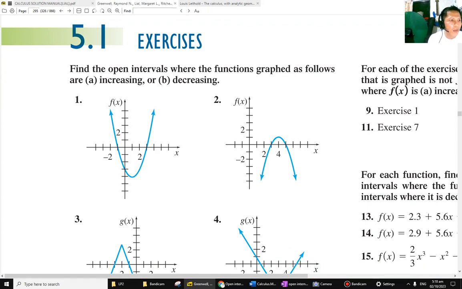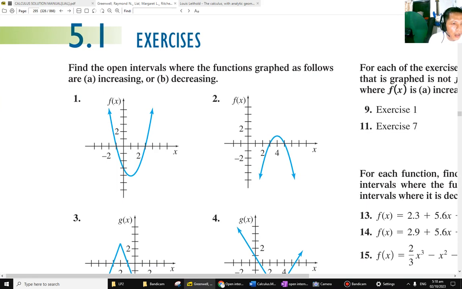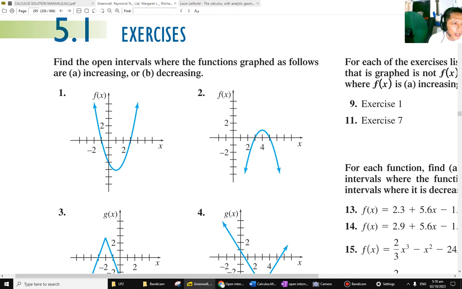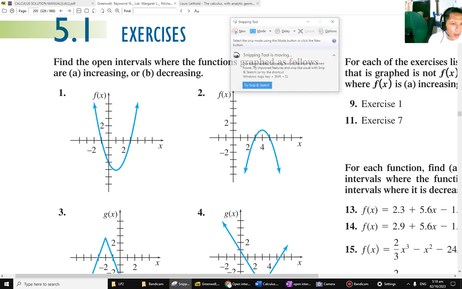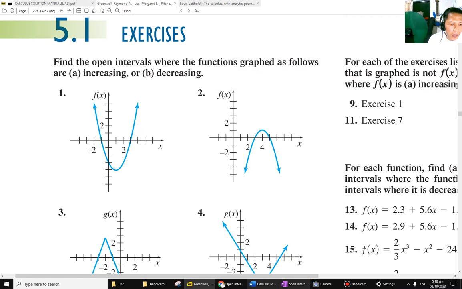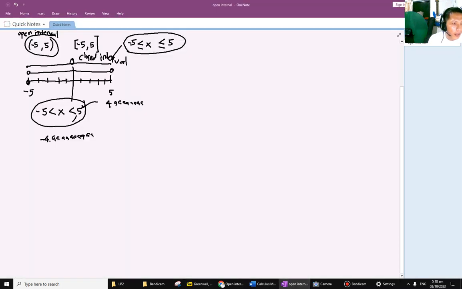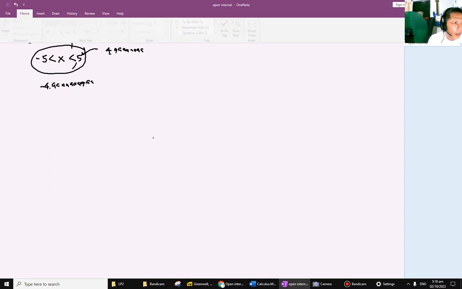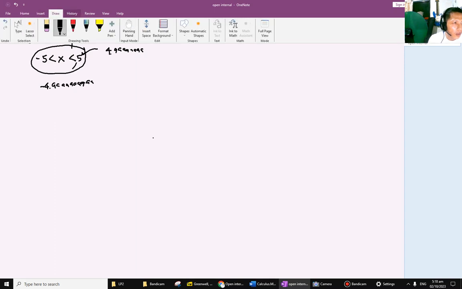If you have problems like this, find the open intervals where the function's graph is increasing or decreasing. Maybe we can just copy this one.